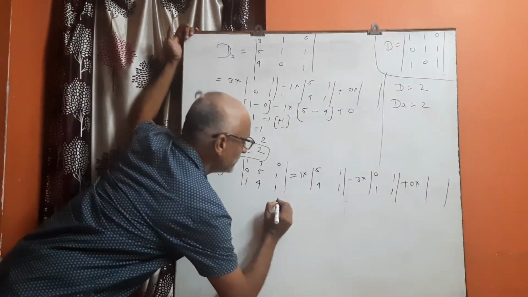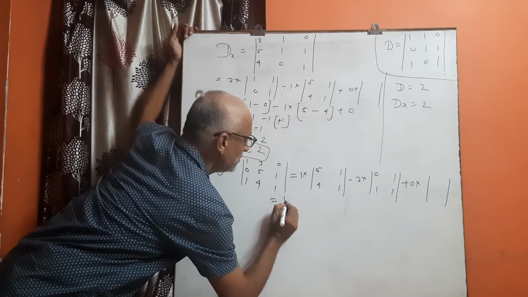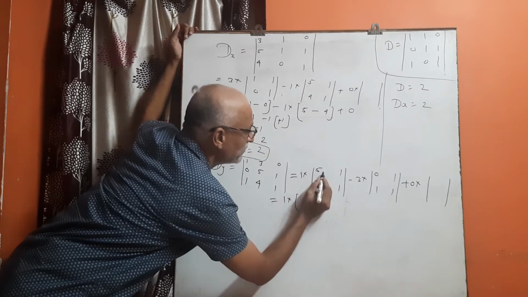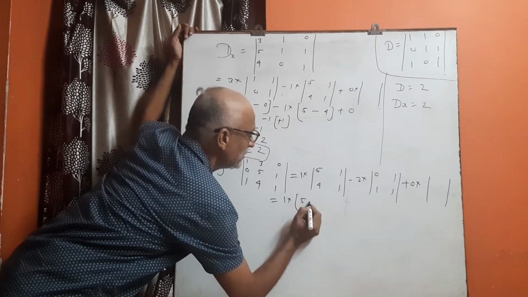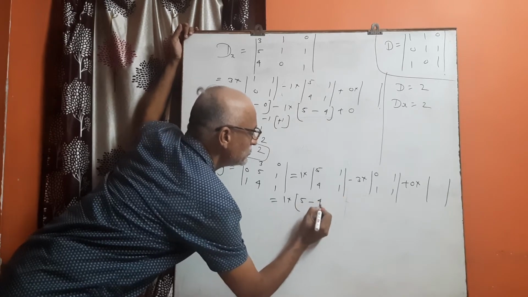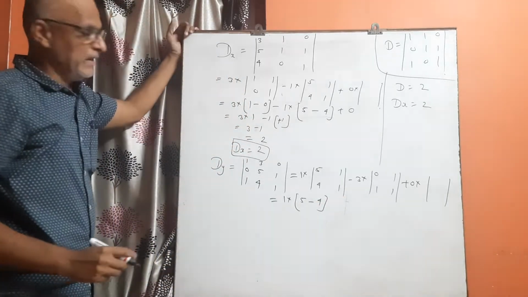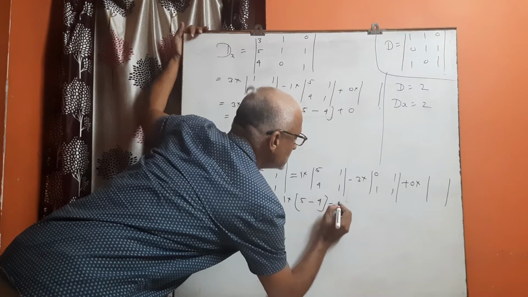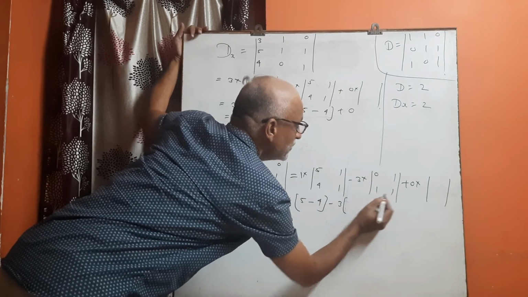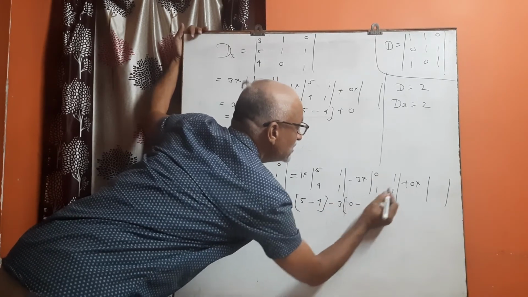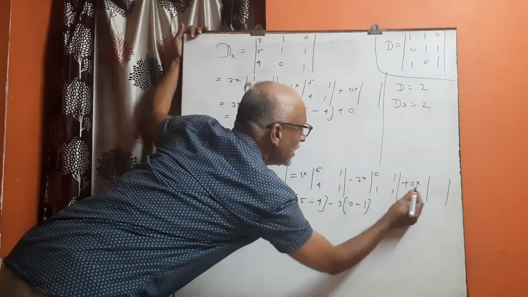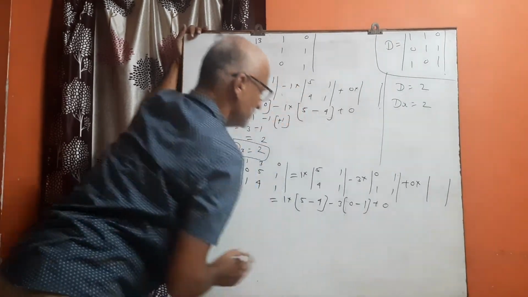So the simplification will be equal to 1 into, in bracket, 5 into 1, that is 5, minus 4 into 1 is equal to 4, minus 3 into 0 into 1, that is 0, minus 1 into 1, that is equal to 1, and this value will be equal to 0.